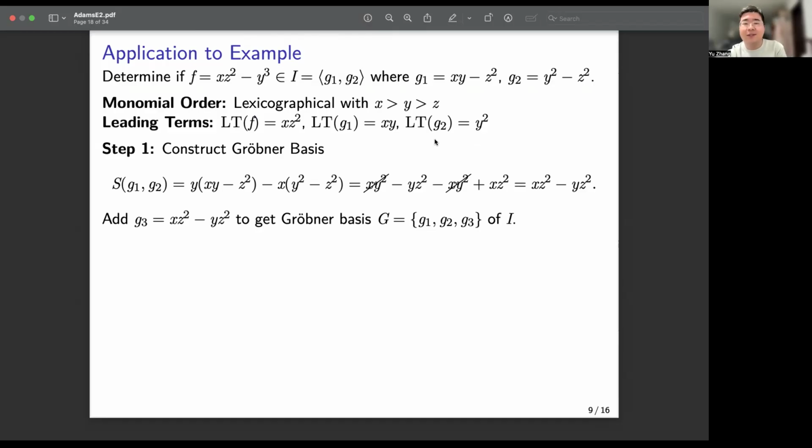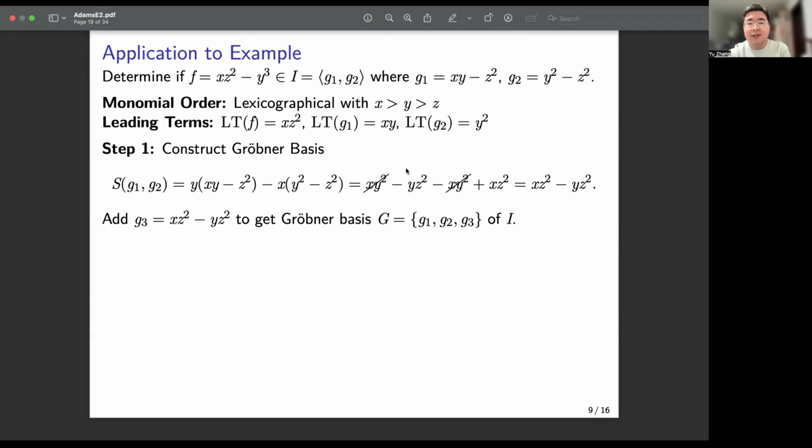To do this, we consider the least common multiple of their leading terms. Then we multiply by appropriate factors. So we multiply g1 with y, and subtract g2 multiplied by x.